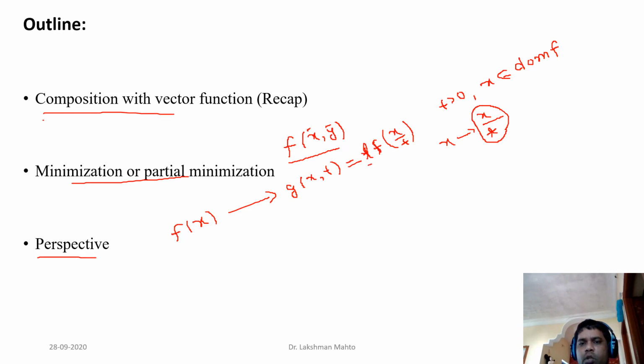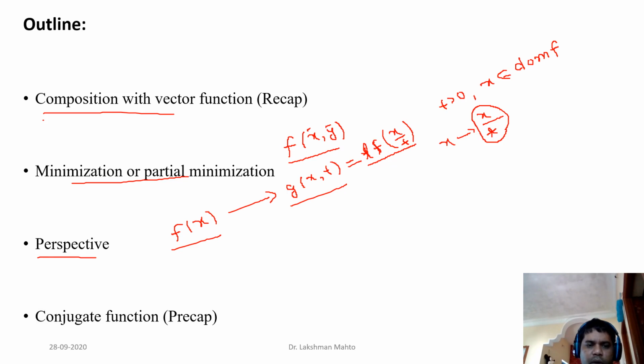Then the new function you get has one extra variable, t. So this is a function of x as well as t, and the name of this function is the perspective function. It is related to the projection of the epigraph to the graph of the function. That's why its name is perspective. Later I will discuss it in detail. Then I will talk about the conjugate function if time permits.